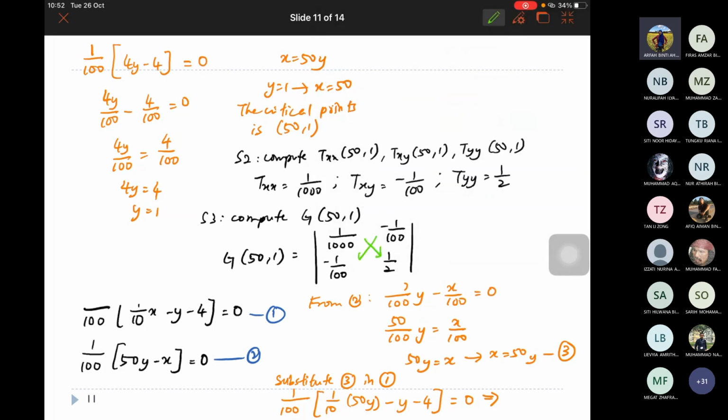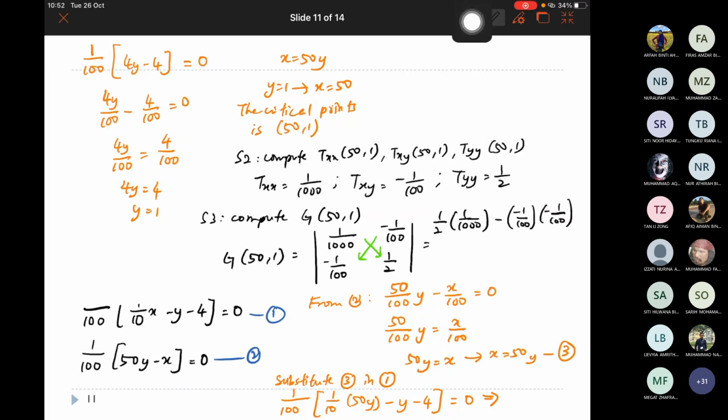So buat dia punya cross multiplication. So dapat berapa? 1/2 darab 1/1000 tolak -1/100 darab -1/100. Dapat berapa nilai GAB? Can someone give me what is the answer? For GAB.